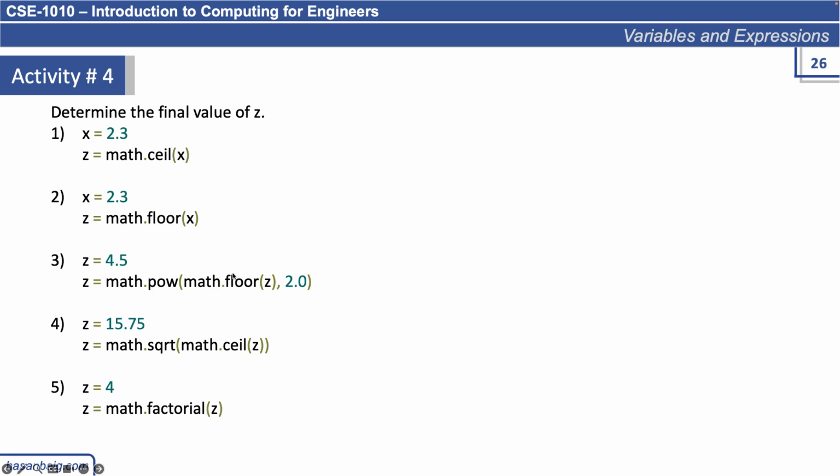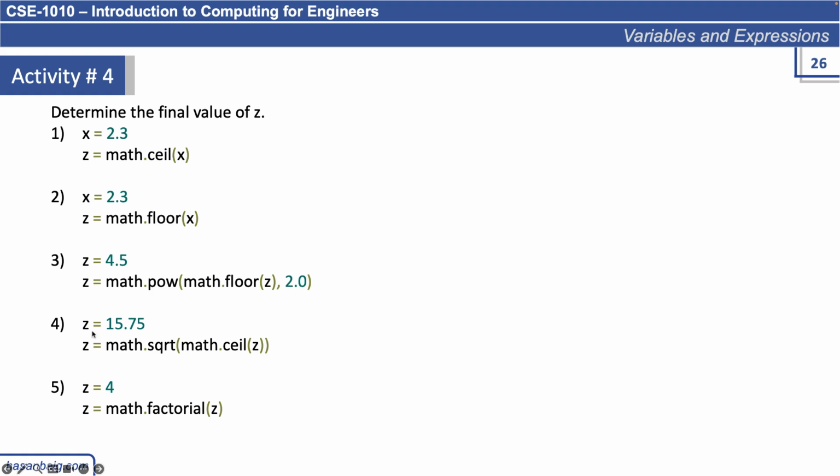The first input is the base, and the second input is the power. So 4.5 would be floored down to 4 first. So 4 would be the base, with a power of 2.